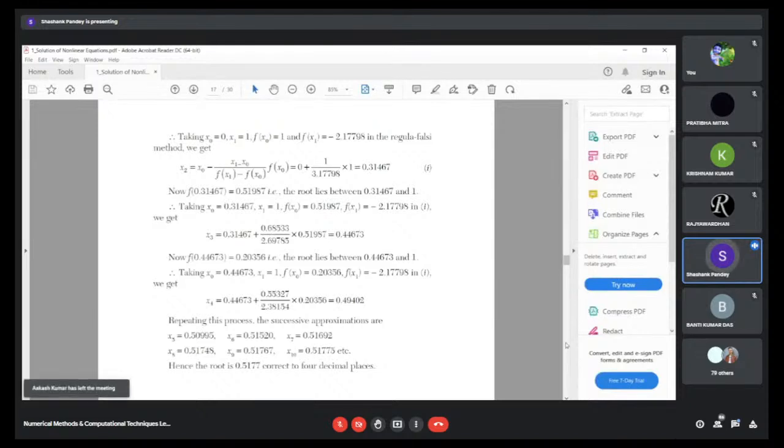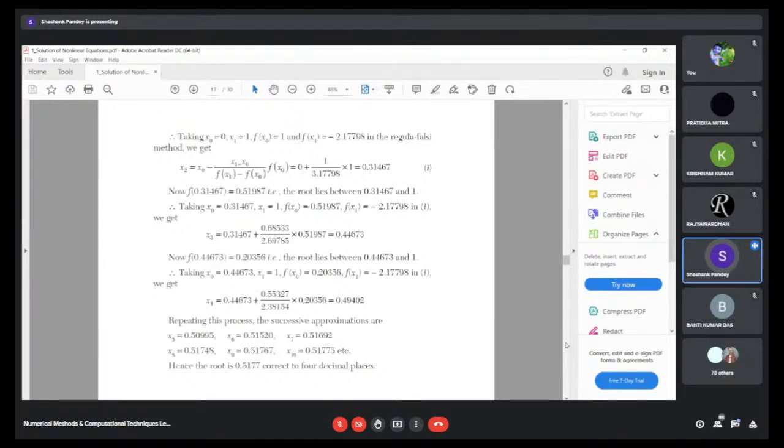Now you get the value of the function at 0.44673 as 0.20356, and we get the value of the root as x4 equal to 0.49402.